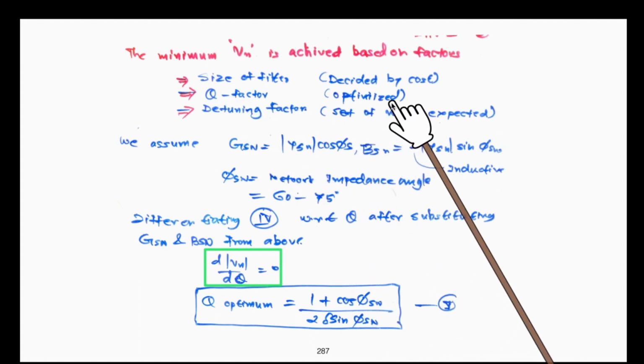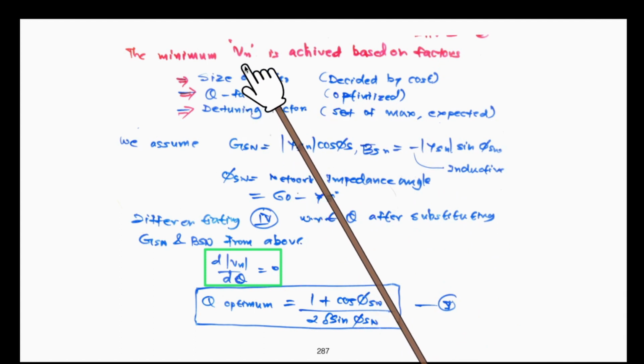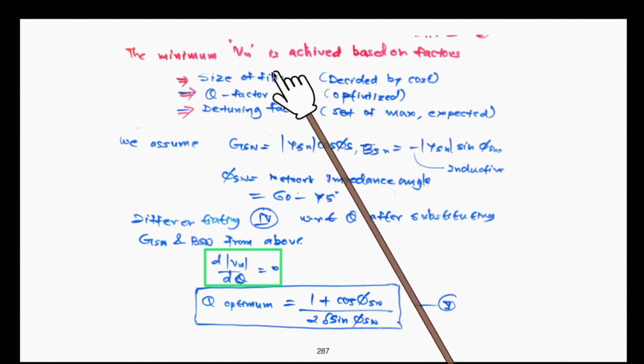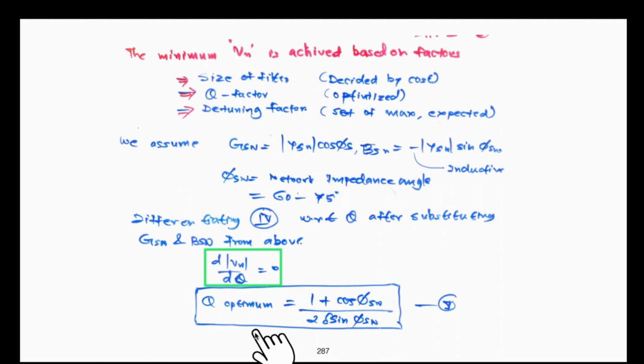So Q factor is the only parameter that will be fine-tuned in order to minimize Vn, and that equation is obtained here as: optimum value of Q factor is 1 plus cos phi Sn upon twice delta sin phi Sn. So this is a very, very important equation, right?